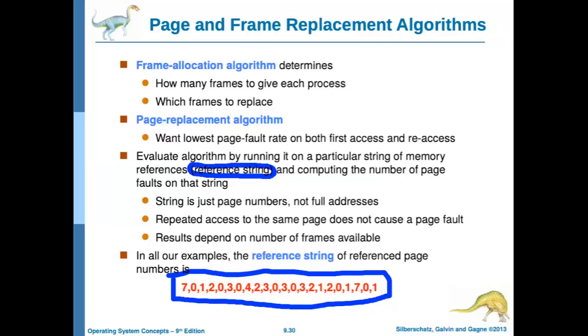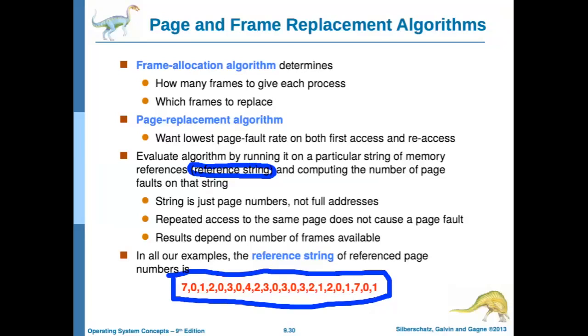Now in this address we have a page number and an offset. That part we already discussed in paging, where the page number is P and the offset is D. Now whatever that page number is, just that page number is taken here as a decimal, and the collection of such page numbers is called a reference string.